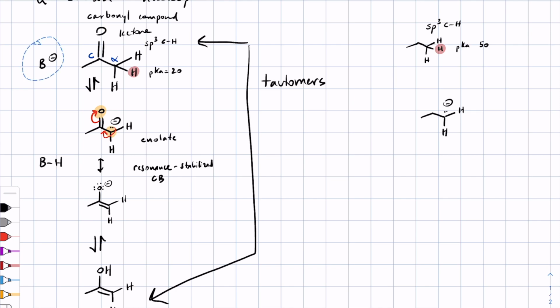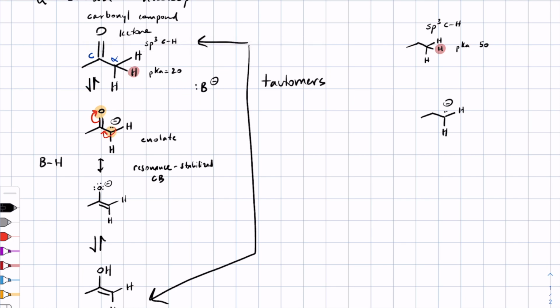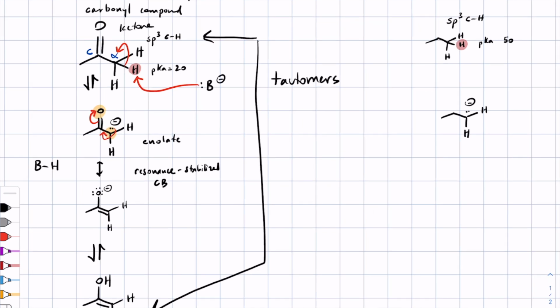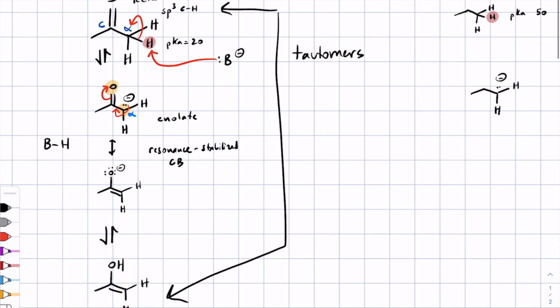So to do this, you would have a base remove the alpha proton from your ketone. You generate the enolate. Resonance stabilization puts that negative charge on both the alpha carbon and the carbonyl oxygen. And then if you protonate on the oxygen, you get the enol.